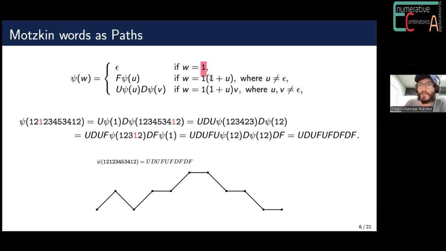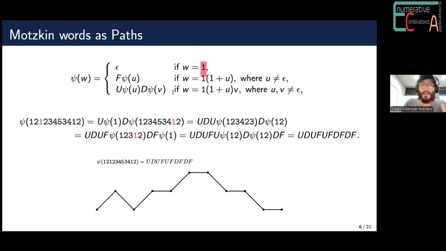If you feed the function with 1, you get the empty path. You don't do anything. If you have something bigger than 1, then there are two cases. You either have a 1 in the interior of the word, or you don't. The words always start with a 1 on the left, but in the middle there may or may not be ones.